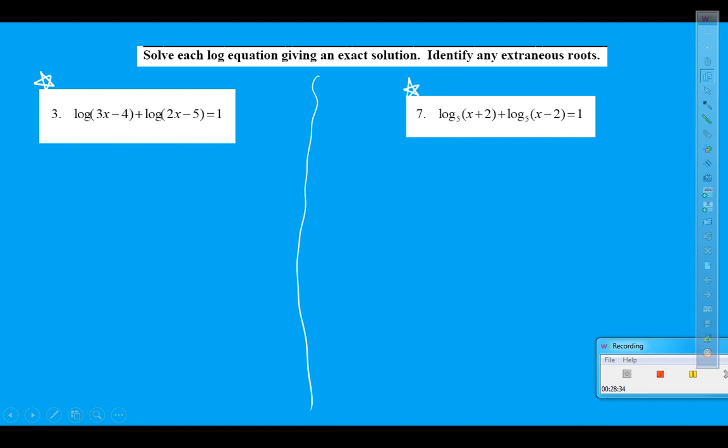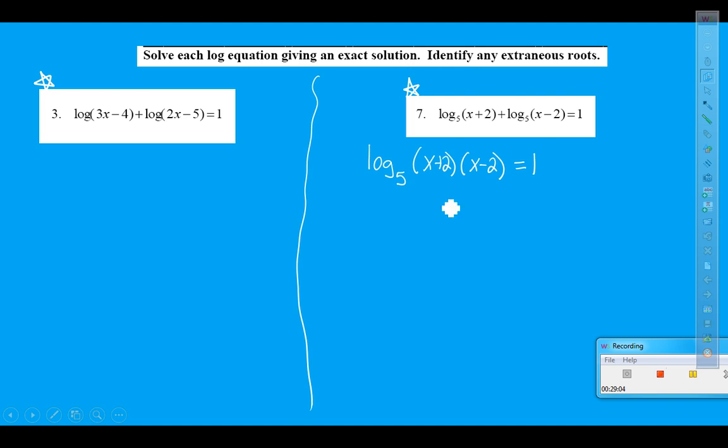Well, number 7, I'm going to do just like what we did. I'm going to try to combine this into a single log. Once I do that, I'm going to have log base 5 of x plus 2 times x minus 2, because that's what that plus sign means, equal 1.